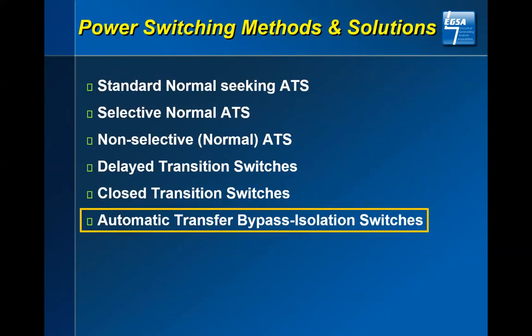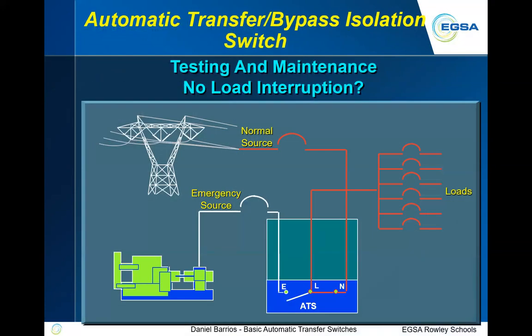An automatic bypass transfer switch, as we stated earlier, this is a testing of a no load interruption. Let's talk about that for a second. In the case of at least ASCO and a few of the manufacturers, if I am on utility, the only source I can bypass to is emergency.